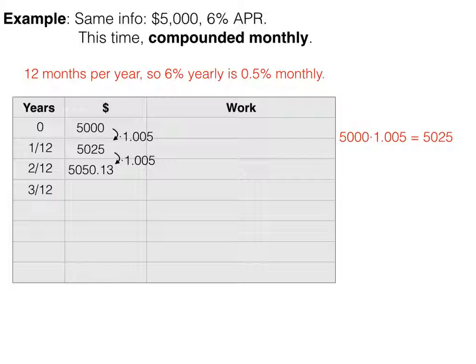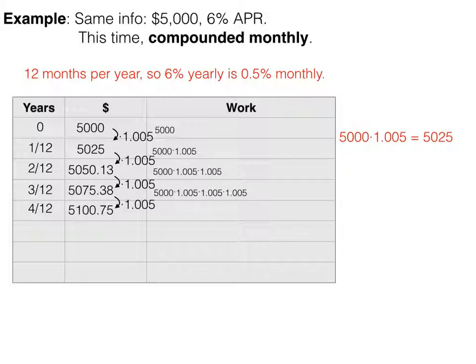We can do it. Another month has gone by, or another 3/12 of a year, 4/12 of a year, another month. And we can see that we have 5,000 and 5,000 times 1.005, etc., etc. We've seen this before. The only thing that's different is it's 1.005 instead of 1.03 or 1.06 as we had before.